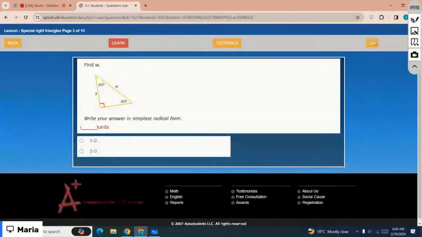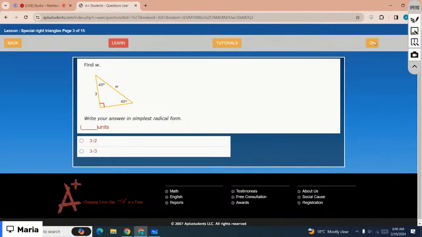Okay, find W. You have to find the hypotenuse, right? That is square root 3 times the leg, right? So that is 3 square root 3. The correct option is 3 square root 3.